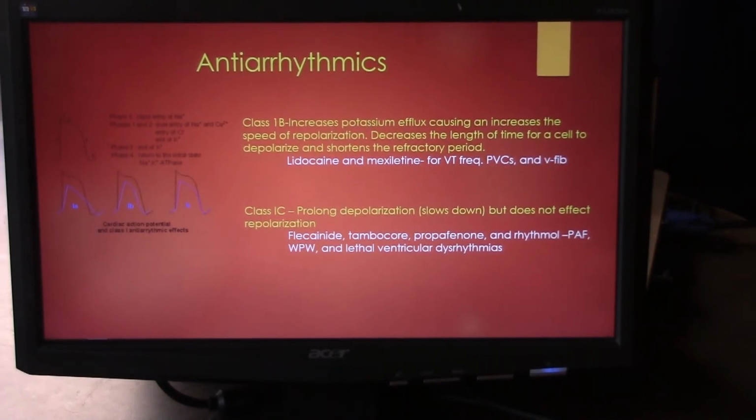Class 1C prolongs depolarization, which means it slows down depolarization, but does not affect repolarization. Flecainide, Tambocor, Rhythmol, these drugs are used for paroxysmal atrial fibrillation, Wolff-Parkinson-White, and lethal ventricular dysrhythmias.